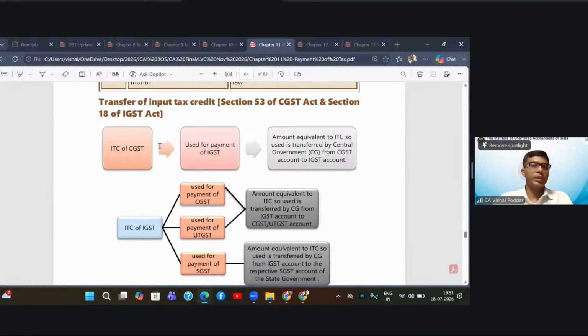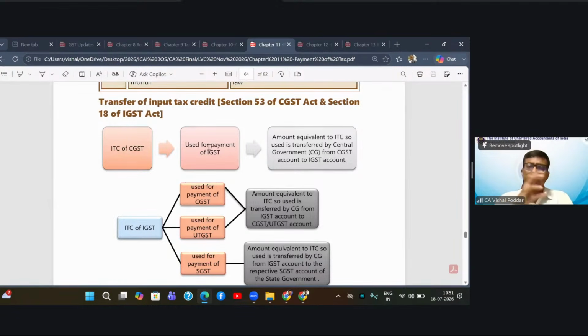ITC of CGST used for payment of IGST: the amount equivalent to the ITC so used is transferred by the central government. We all know that CGST and IGST both are with the center only, but within the center they have separate accounts for CGST and IGST so that they can maintain the records.